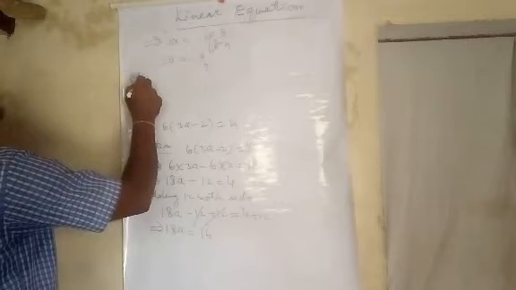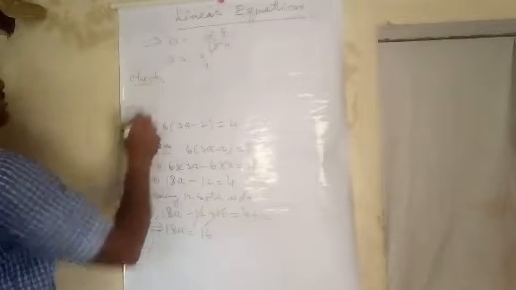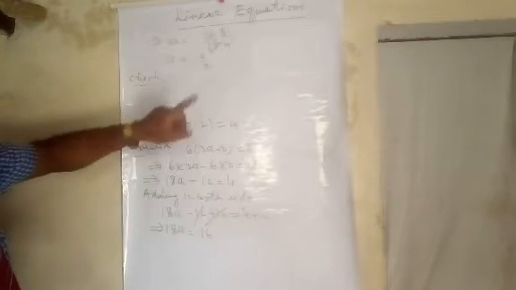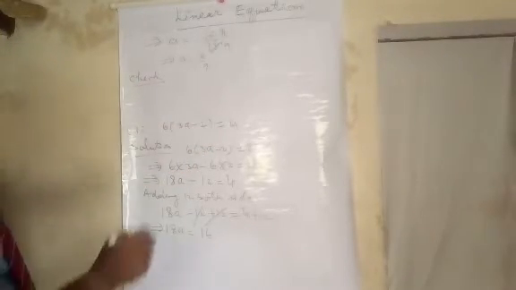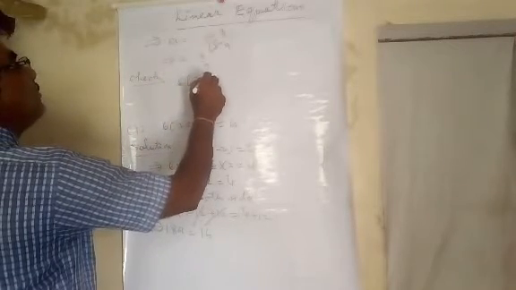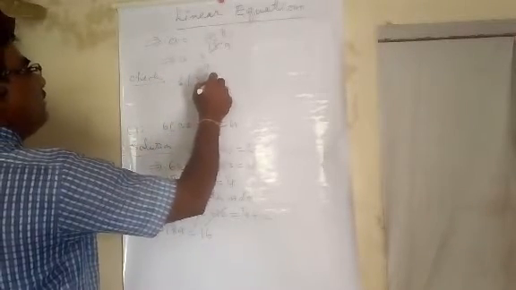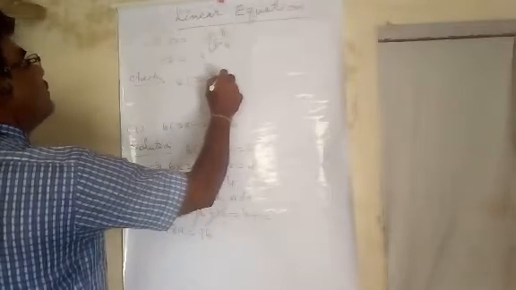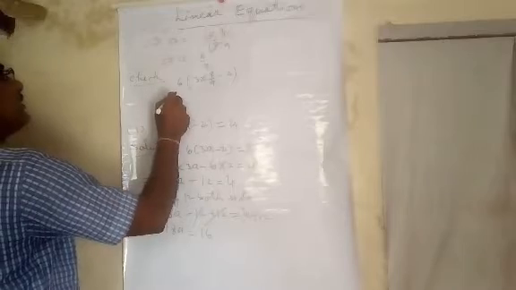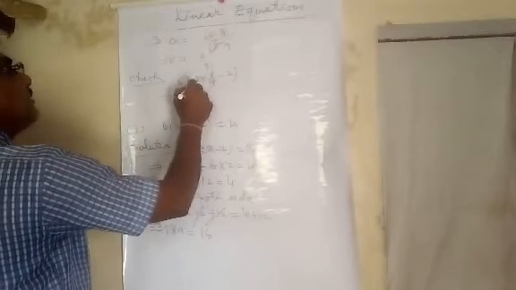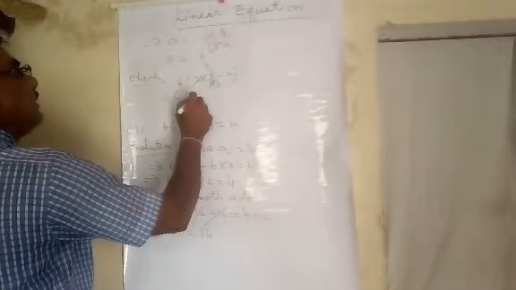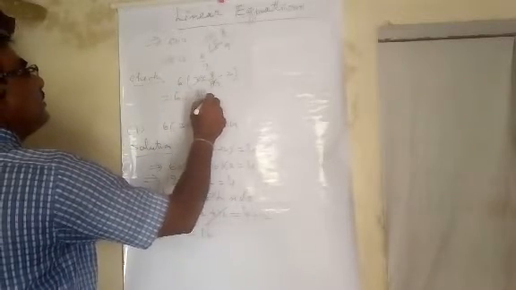Check. How to check this equation? I will put the value a equal 8 by 9 in this equation. Then it will be 6 into (3 into 8 by 9 minus 2) equals 6. Here 3 ones are 3, 3 threes are 9. Then it will be 6 into (8 upon 3 minus 2).